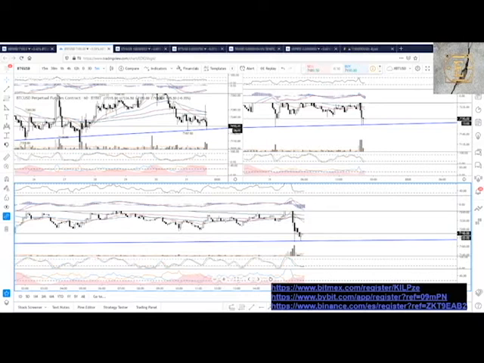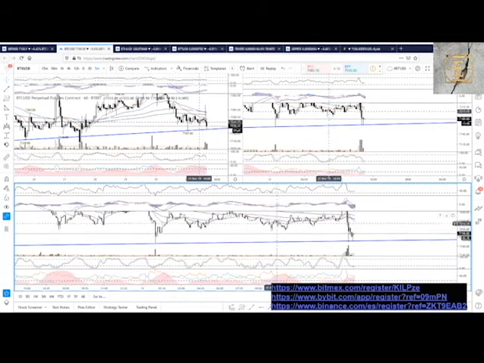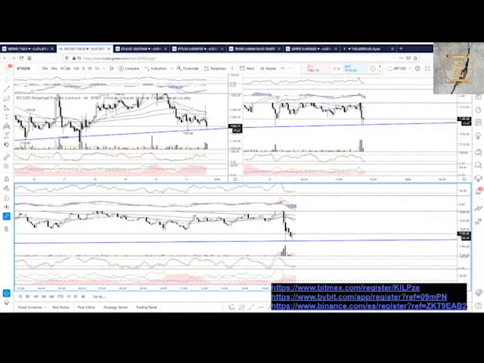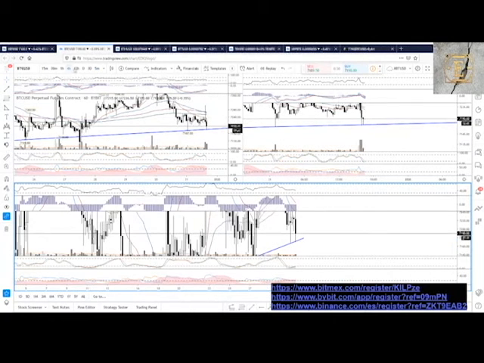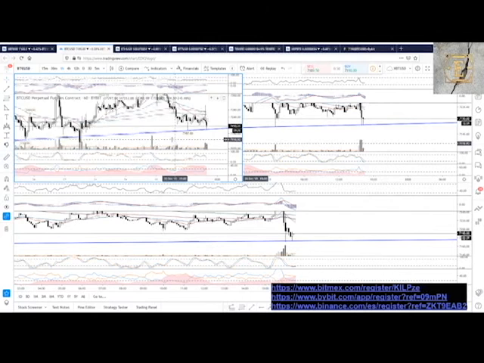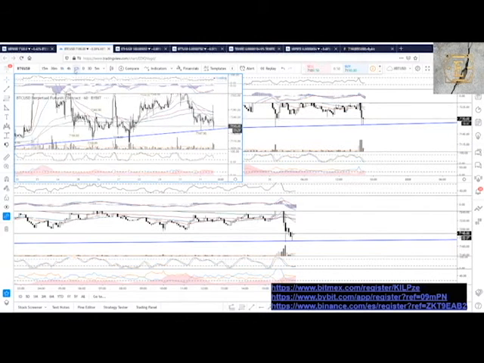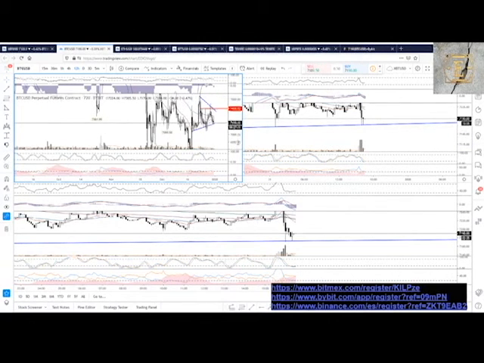Well, this support zone 7.2, 7.1 is strong, but I hope it breaks. Okay, I don't know how strong it is. Let's look at the 12 hour.